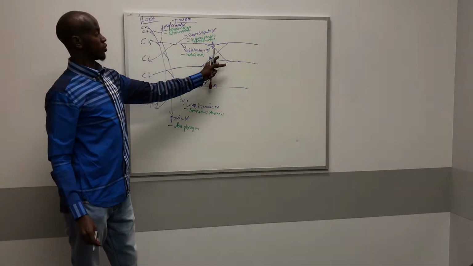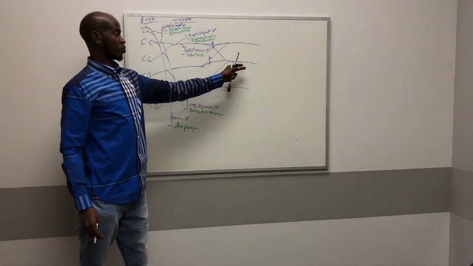Now, all the posterior divisions unite and form the posterior cord.